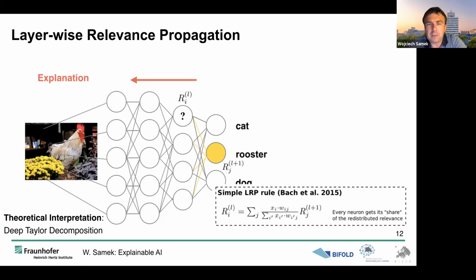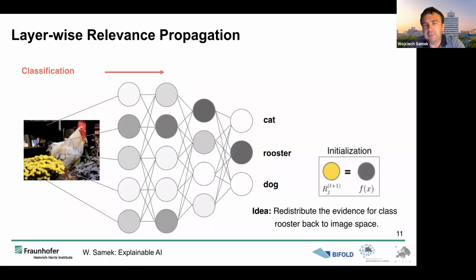The first rule which we came up with to redistribute relevance was based on two factors. One factor is the strength of the activation. The more activated a neuron becomes in the forward pass, the more important it is for this particular image, because it encodes certain shapes which are present in the image, which are related to the rooster.